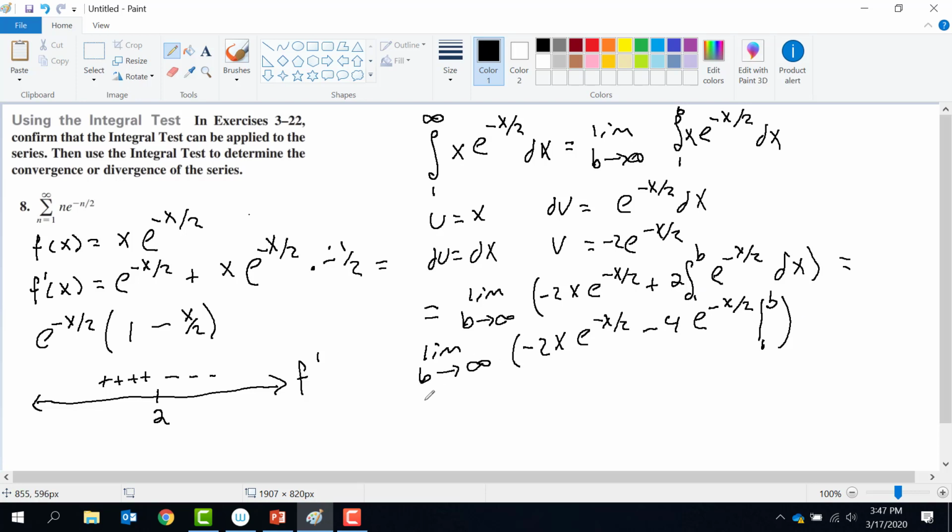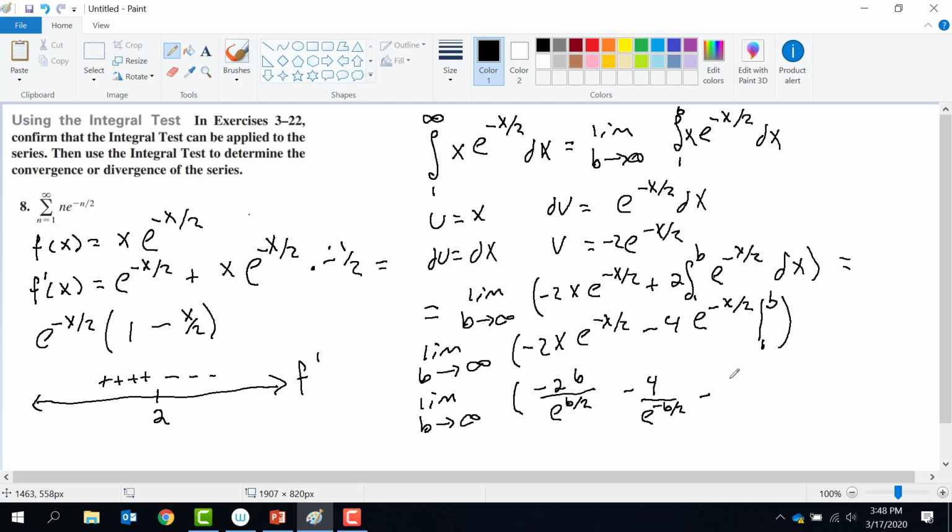Okay. And so then we now have the limit as b goes off to infinity of negative 2b over e to the b over 2 minus 4 over e to the negative b over 2, and then minus what you get when you plug in 1.